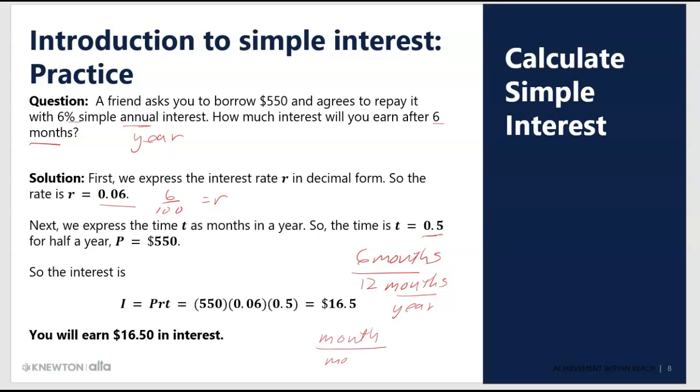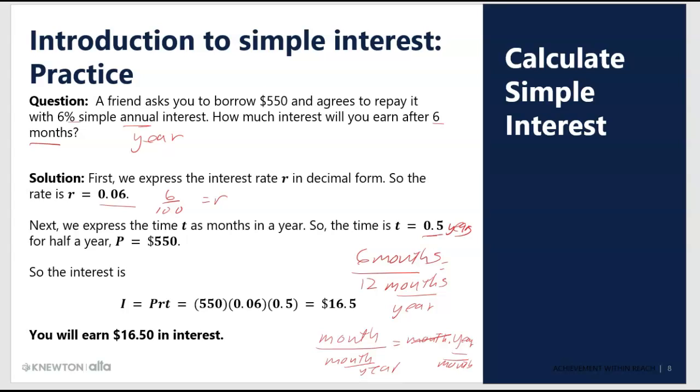Months divided by months per year is the same as, the way we divide fractions, months times 1 year over a month, and the months reduce. I'm just scribbling this, but you don't have to take my word for it. When you divide months by months per year, you get 0.5 years. You need that time to be in years if the interest rate is in years.